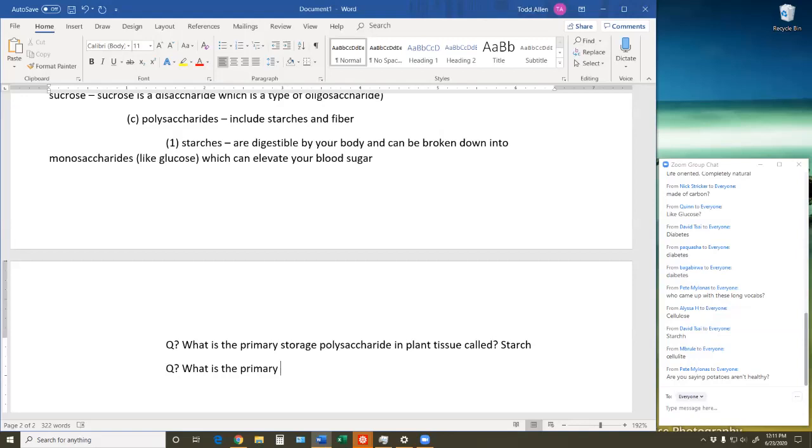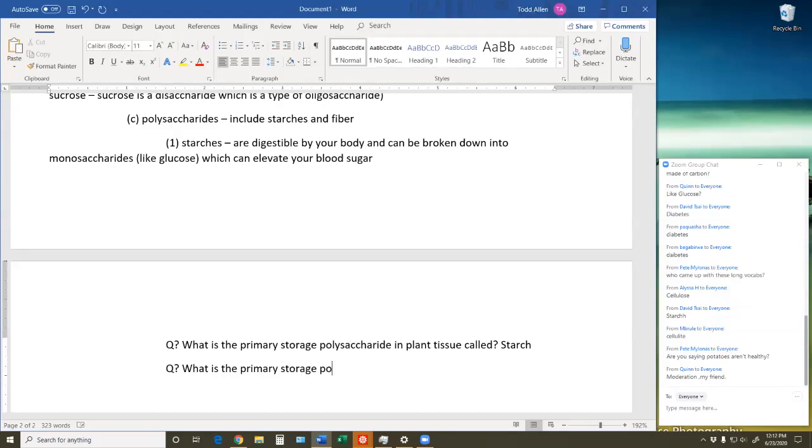Certainly the amount of carbohydrate that a diabetic should take in is a lot less than someone without diabetes. Yes, moderation is key, folks. And the moderation itself will vary depending on whether you're a diabetic or not.